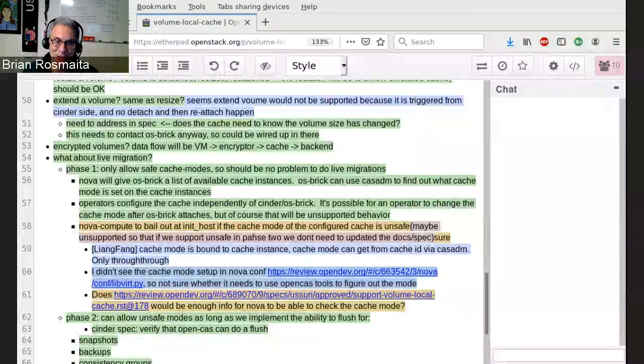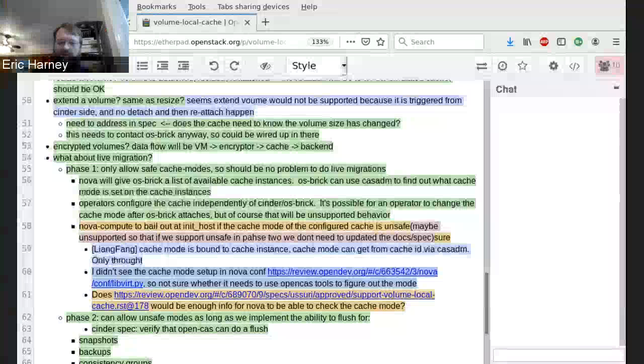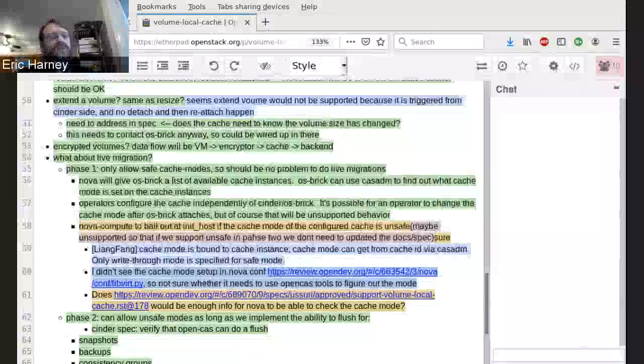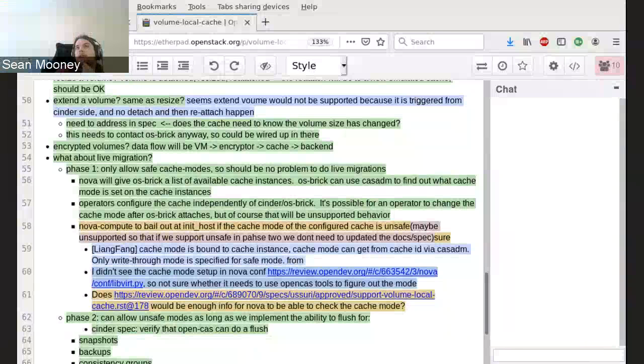Yeah, but I think it's not clear that that's sufficient for the live migration case. For live migration, we would have to force a flush from the cache to the back end. Otherwise, we would have to copy the cache data to the other host. Right.